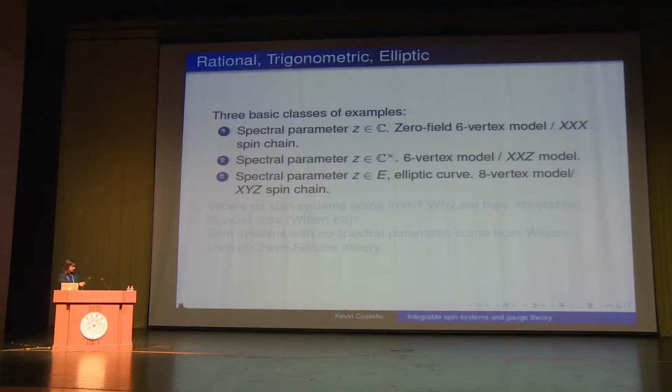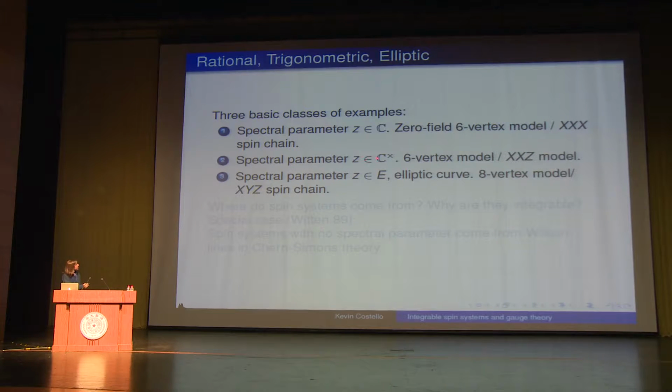Now, there are some very famous examples of integrable spin systems of this type. If the spectral parameter lives in the complex line, an example is given by the XXX model, also known as the zero field six vertex model.